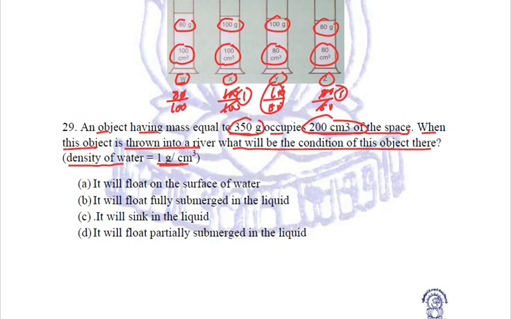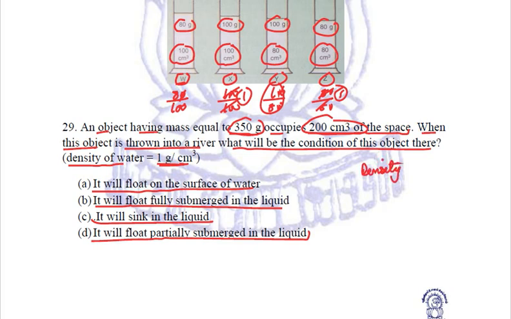The options given are: it will float on the surface of water, it will float fully submerged in the liquid, it will sink in the liquid, it will float partially submerged in the liquid. Now all these options we can relate when we know the density of this substance. Density is mass upon volume. Mass is 350 gram, volume is 200 centimeter cube.